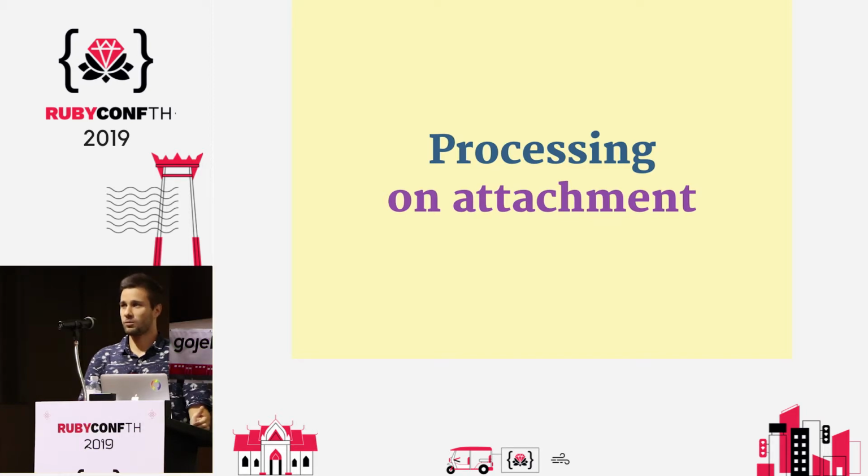Now, processing on the fly is very popular, and a lot of tools like Active Storage offer it as the only solution. But this doesn't work for any slow, long-running processing, such as video transcoding.